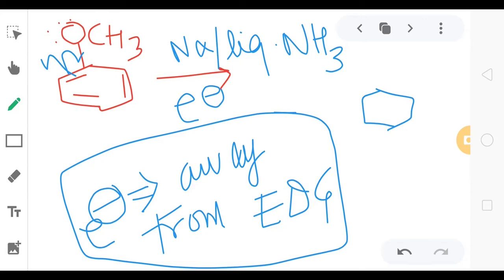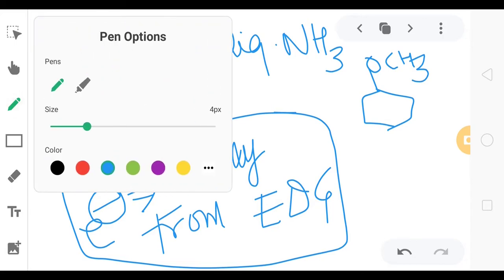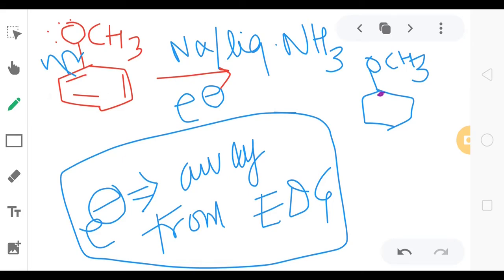So how will this mechanism go, see, OCH3. So here you will make a radical, the radical comes out to here, and the negative charge will come to here. Again this will go into resonance, and you will get this product.